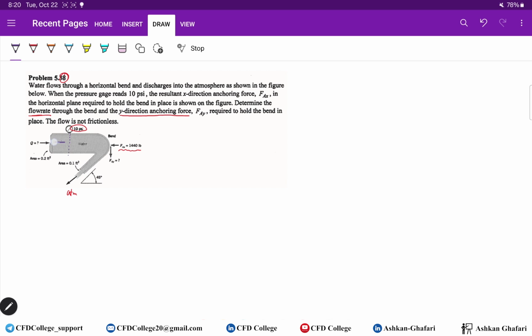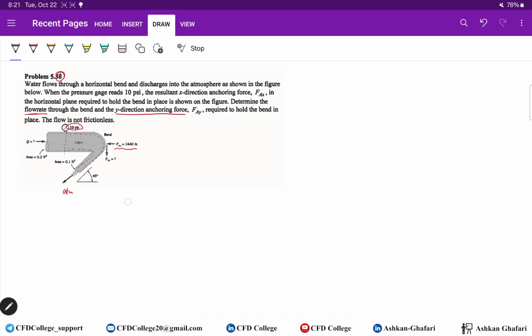Here we have inflow, so the control surface is perpendicular to that, and then we should follow the walls, and here we have outflow.